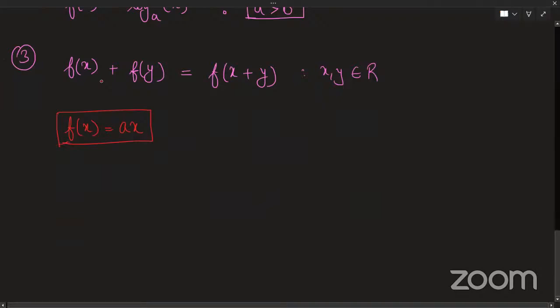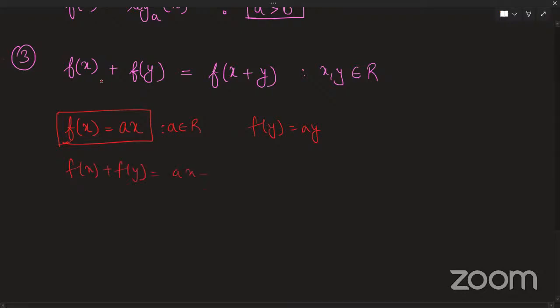So f(x) is ax, so f(y) is ay. So if you add f(x) plus f(y), it is ax plus ay, that is equal to a times (x+y). And this thing is equal to f(x+y). So hence confirmed.